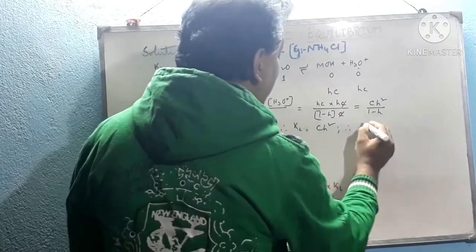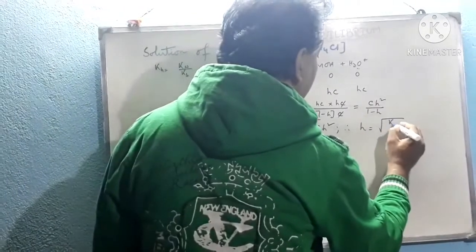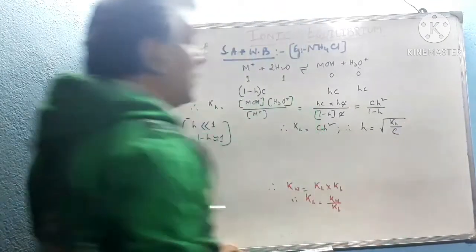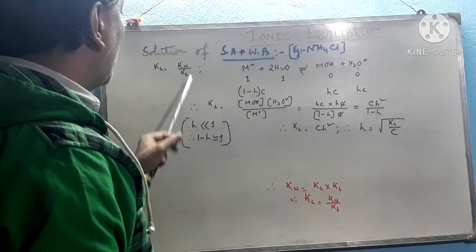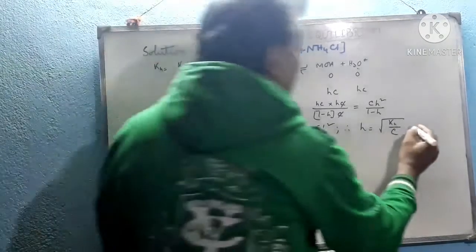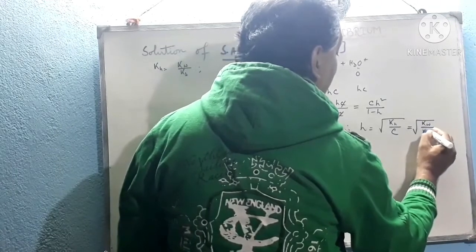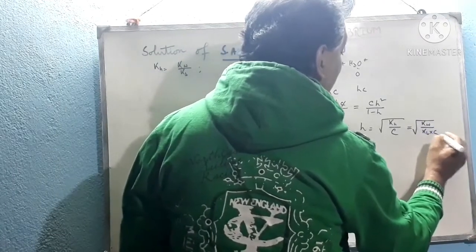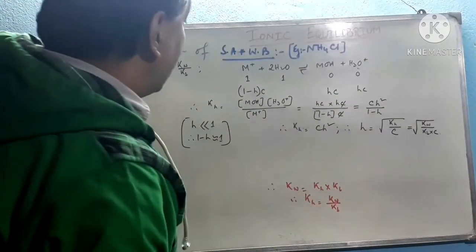Therefore from this expression we can write H equal to root over of Kh by C. But we know that Kh is equal to nothing but Kw by Kb. So instead of Kh we can write here Kw by Kb into C. This is the expression of the degree of hydrolysis H.